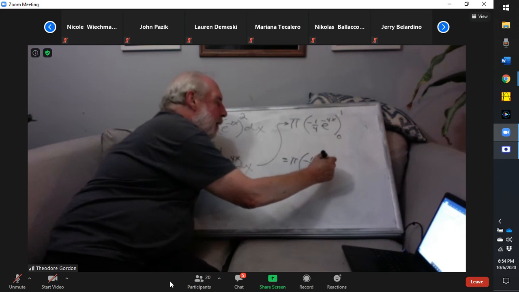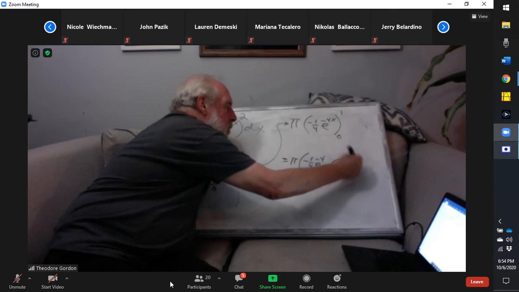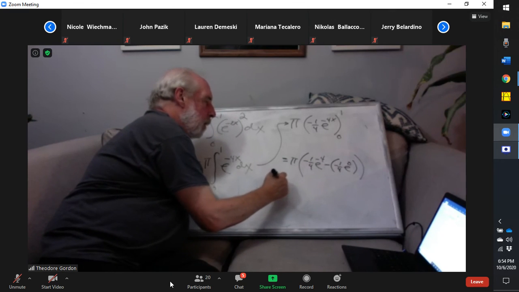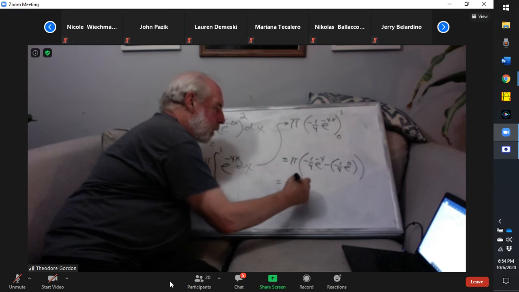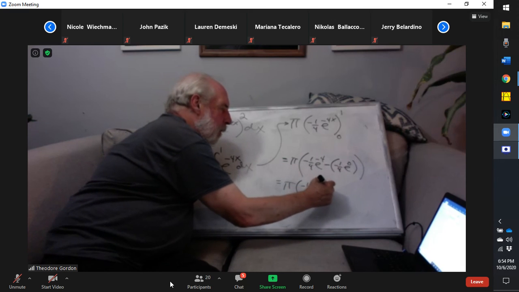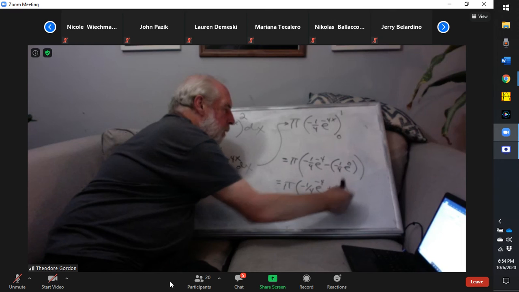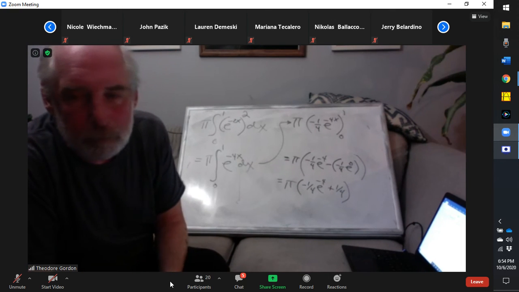Then we get minus negative 1/4 e to the 0. And that will give us pi times negative 1/4 e to the negative 4 plus 1/4. And that's the answer. Just leave it like that.